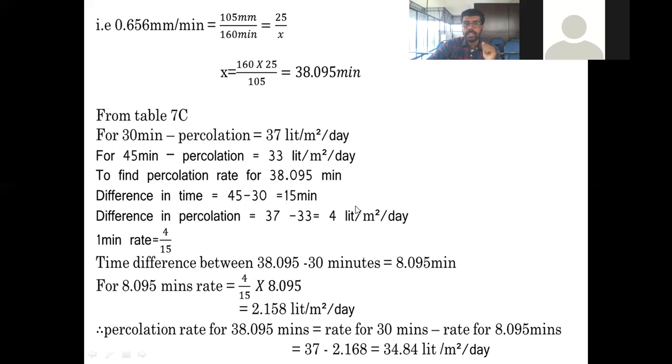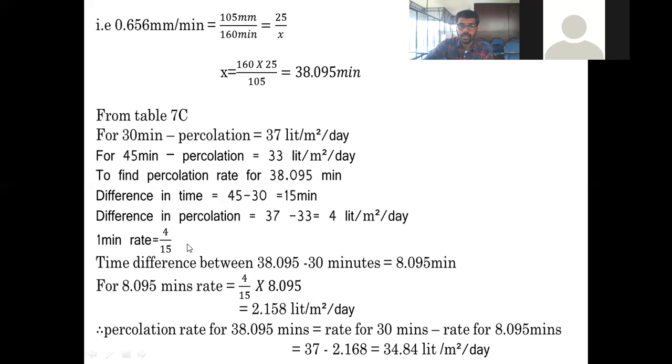So if the rate for 1 minute is 4 by 15, then for 8.095 minutes, how much will it be? 8.095 into 4 by 15.